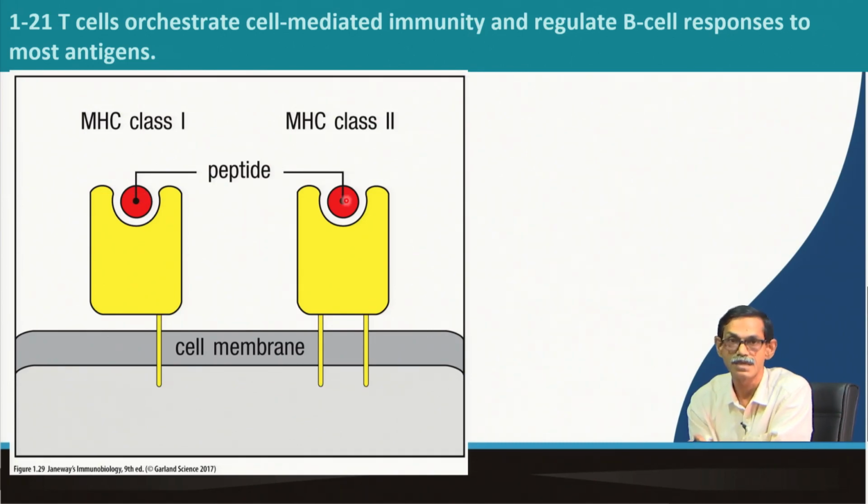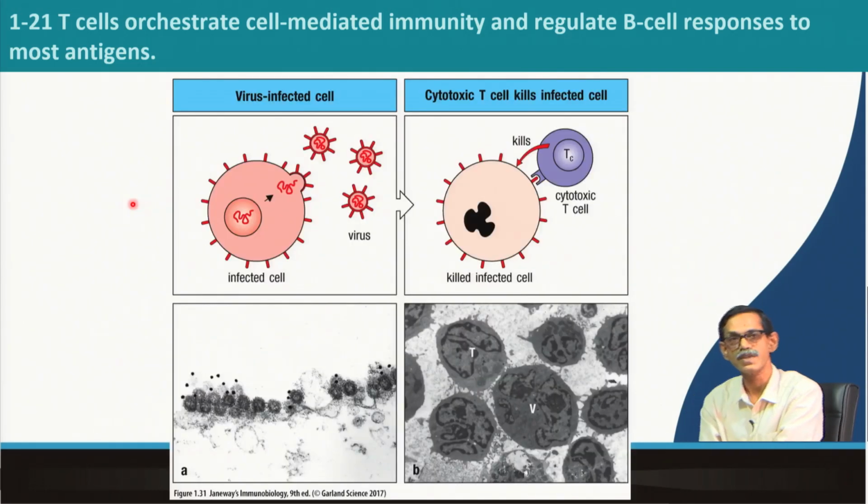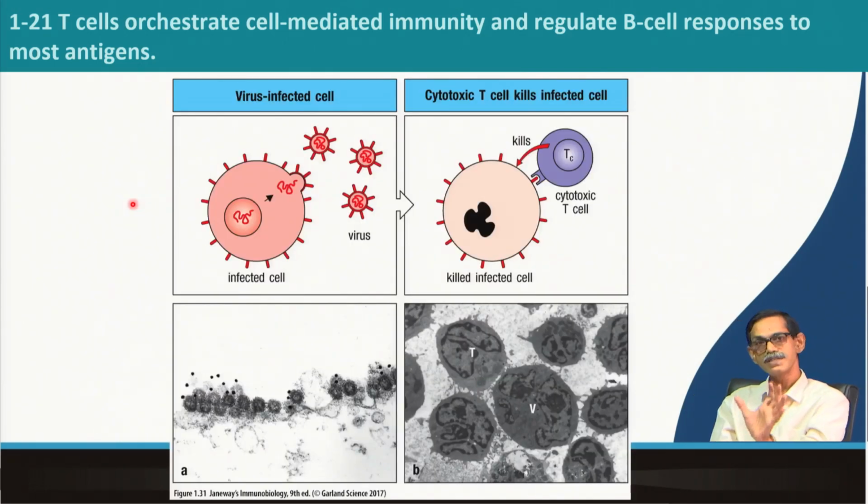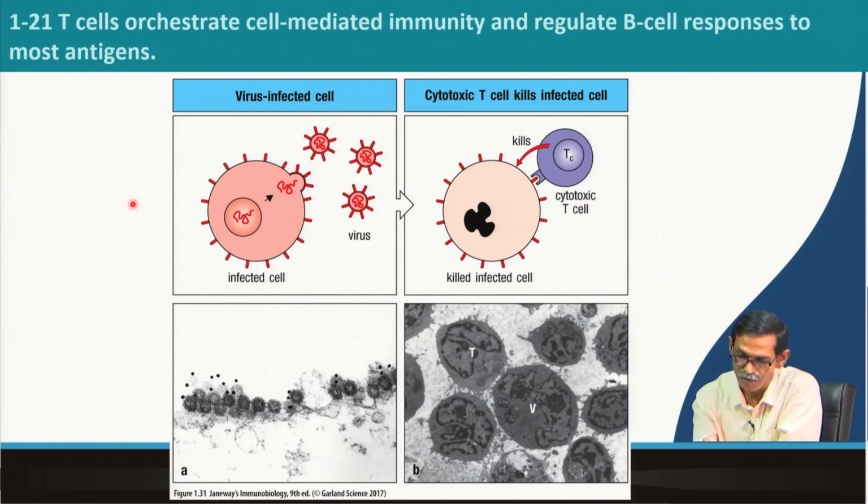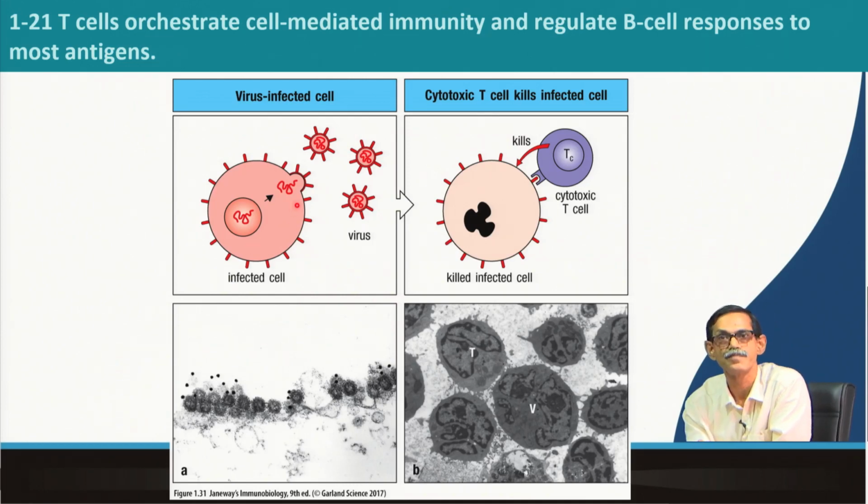In one of the previous lectures we saw that antigen is processed. So, what is this processing? Here what we are going to explain is a virus infected cell. We all know that virus grows inside the host cell.